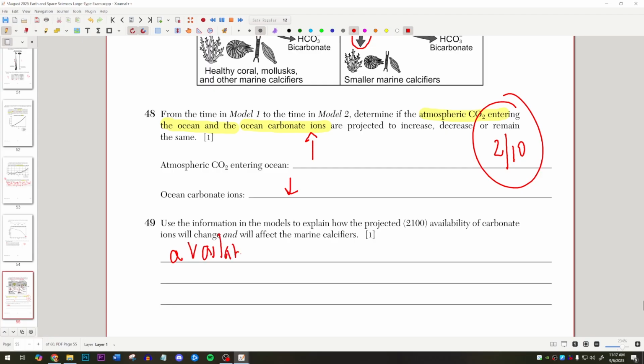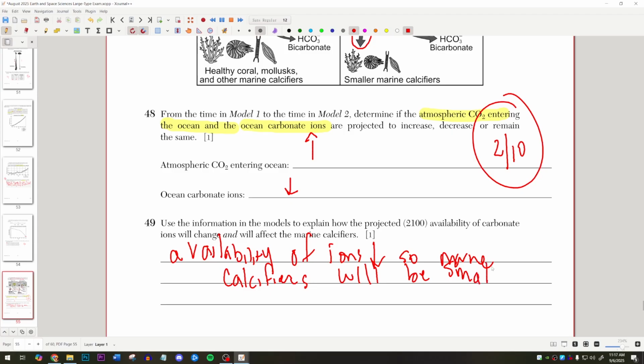Availability of ions will decrease, so marine calcifiers will be smaller. That's it. Again, 2 out of 10, maybe. I mean, yeah, I'll call it a 3.